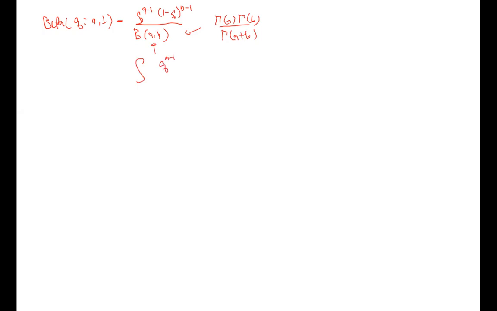As I mentioned earlier, I have this beta distribution of q, a, b, which is q^(a-1) (1-q)^(b-1) over B(a,b). And B(a,b) is gamma(a) gamma(b) over gamma(a+b), which is of course just the normalization factor.